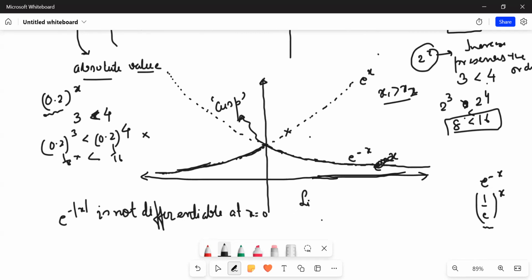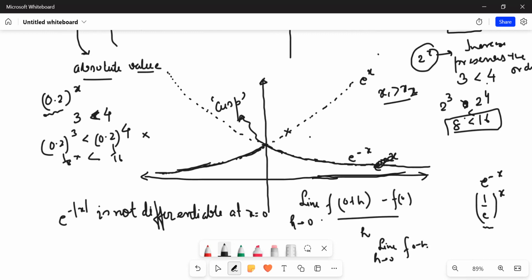Otherwise, if you want to use the definition, you can use limit h tends to 0, f of 0 plus h minus f of 0 divided by h. This is the right hand derivative. Left hand derivative would be limit h tends to 0, f of 0 minus h minus f of 0 divided by minus h. Do both of these and see whether the right hand derivative is equal to the left hand derivative. This is an exercise that you can do at home.